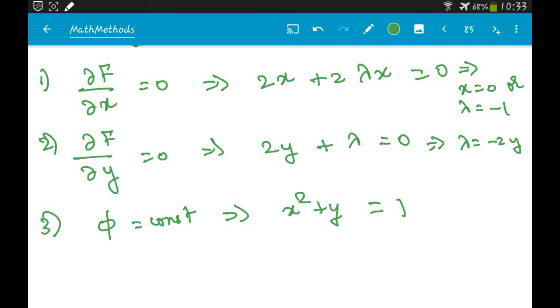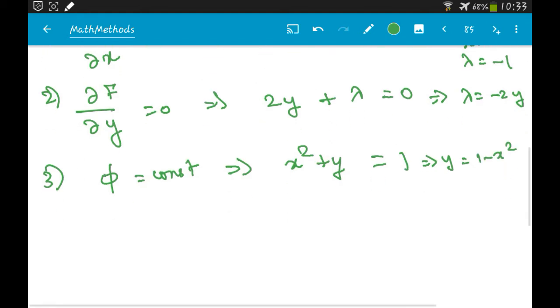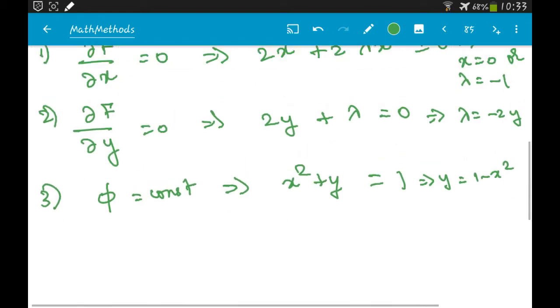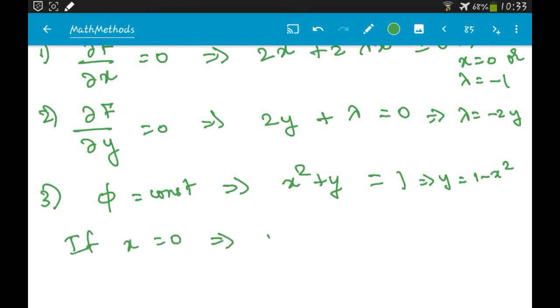And from the third we have y is equal to 1 minus x square anyway. If x is 0, then substituting in y equals 1 minus x square gives us y is equal to 1.